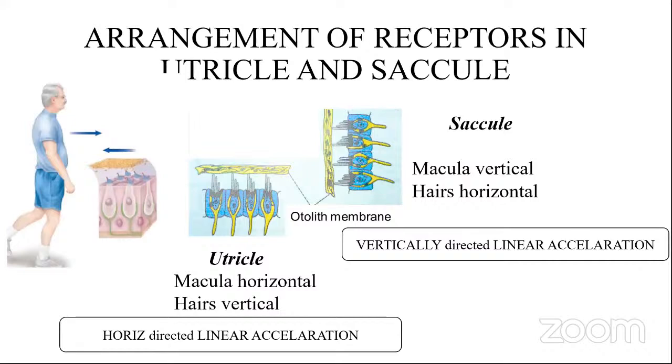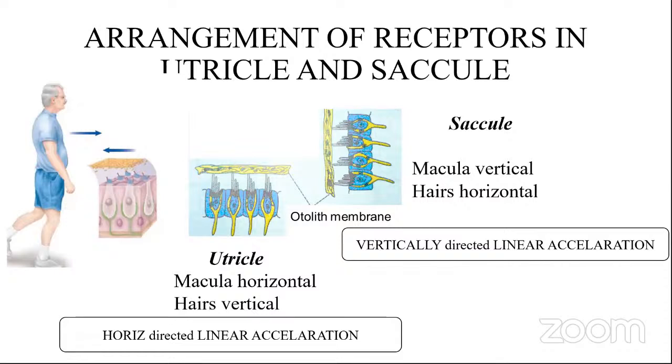Arrangement of receptors in utricle and saccule. So as you know, the receptors are hair cells. On the left side you can see the utricle.